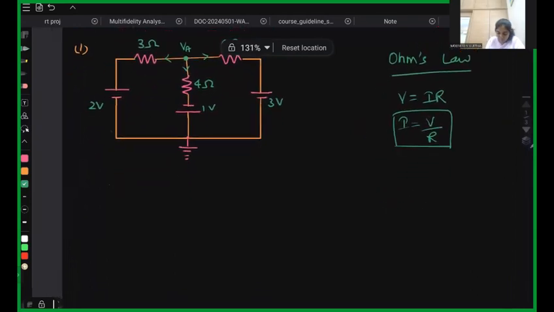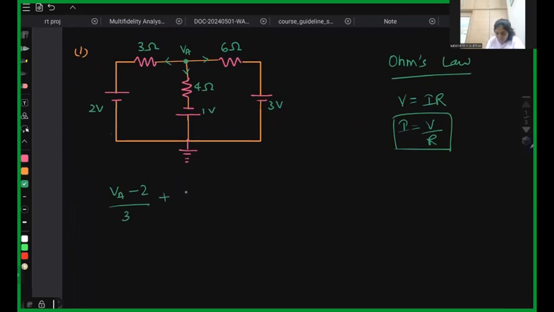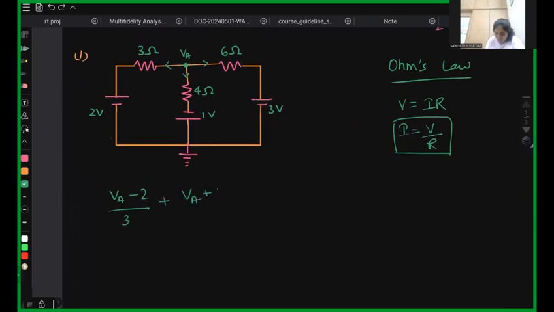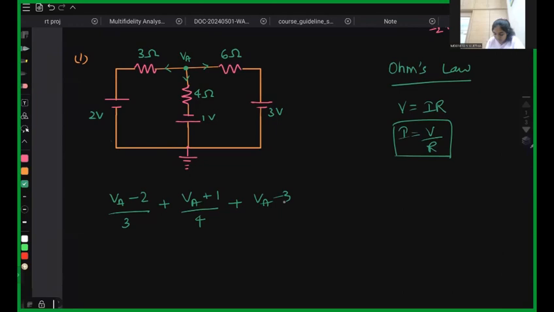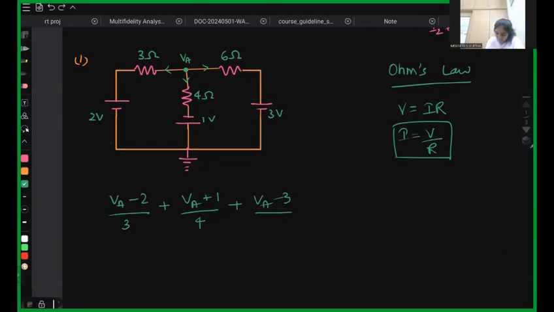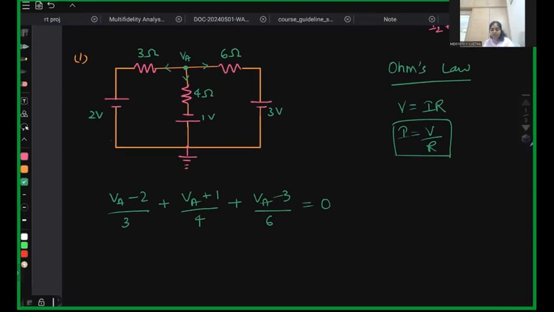VA minus 2 volts by 2 ohms plus VA plus 1 volt by 4 plus VA minus 3 by 6 ohms is equal to 0. This is the final equation we get because there is only one node in this whole circuit.